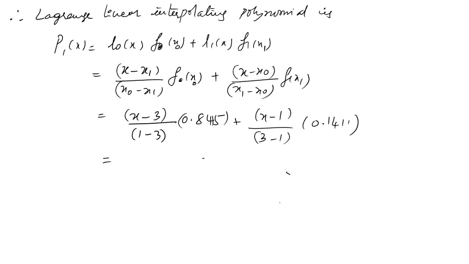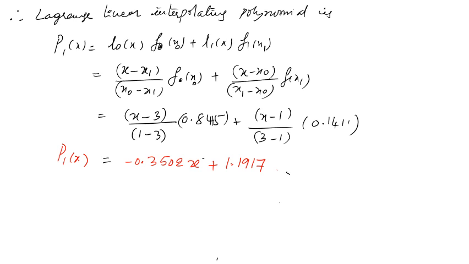You will get finally after simplification P1 of x equal to minus 0.3502x plus 1.1917. Okay, this is over.